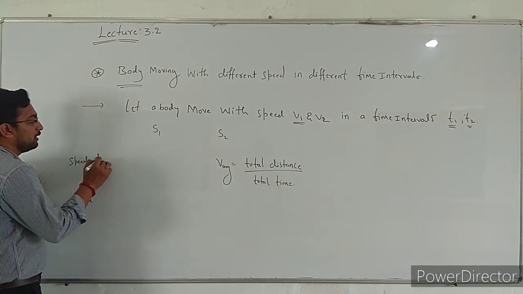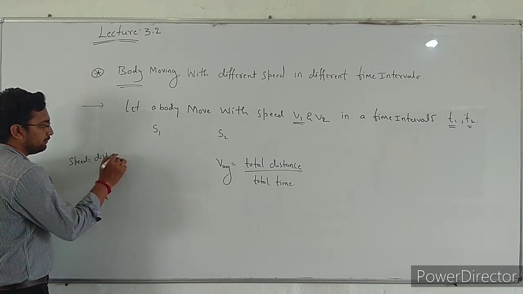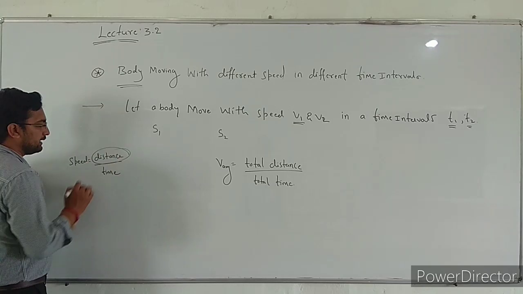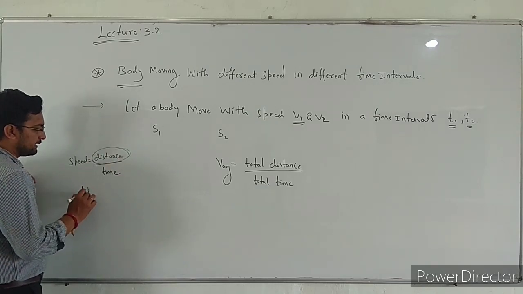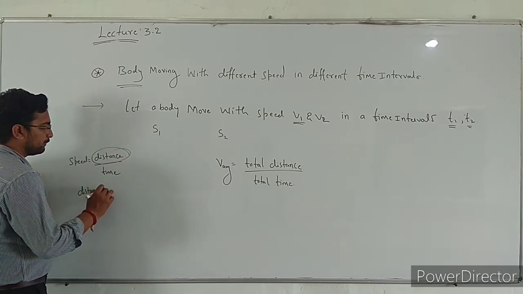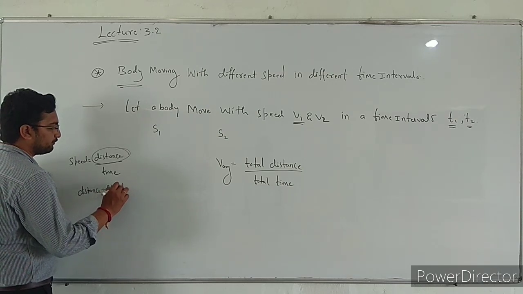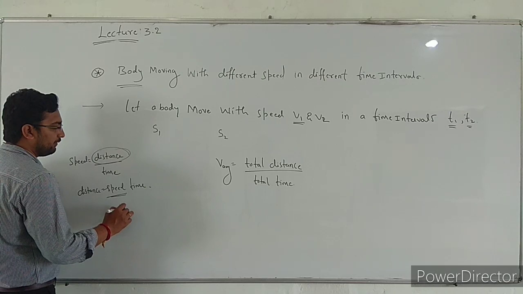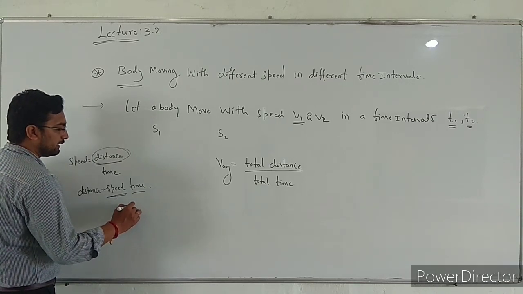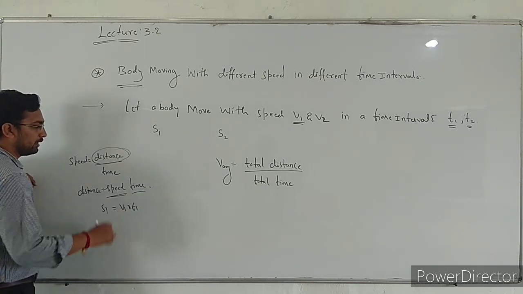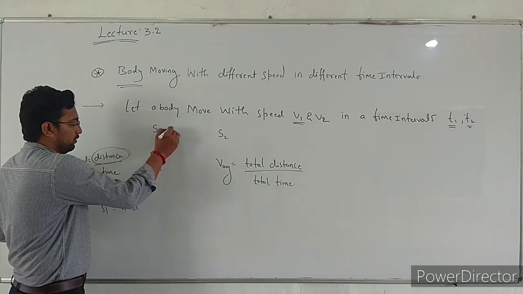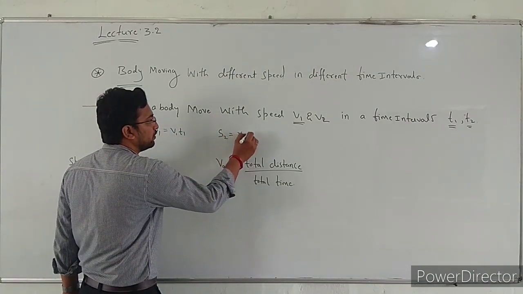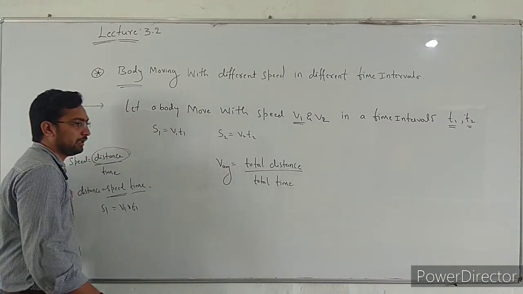Speed is equal to distance by time, so distance is equal to speed into time. The speed is V1 and the time is T1, so S1 is equal to V1 into T1. Similarly, S2 is equal to V2 into T2.